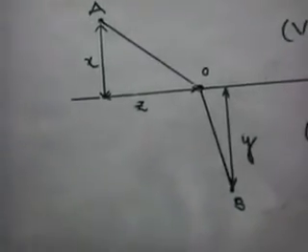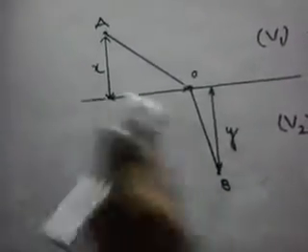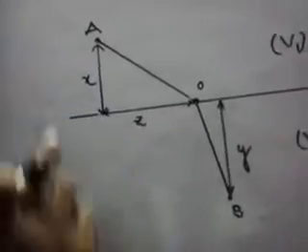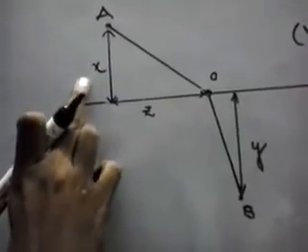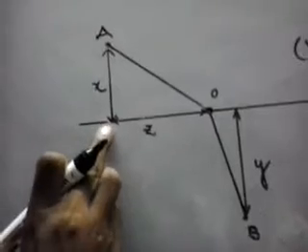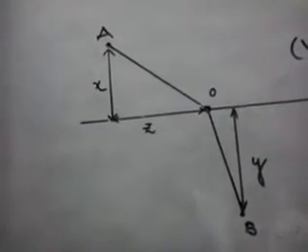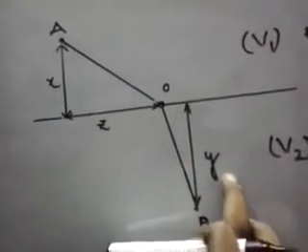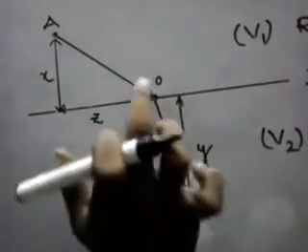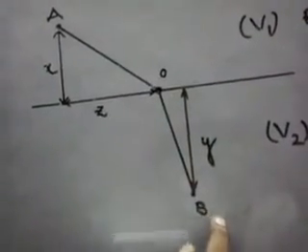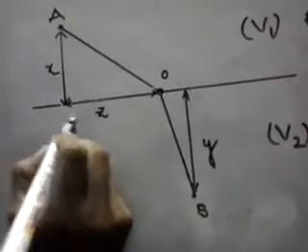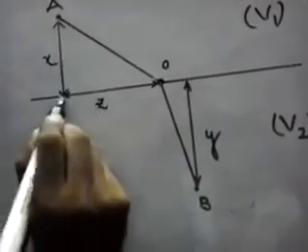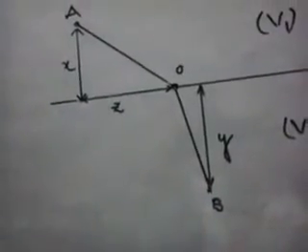Guys, now we are introducing three variables x, y and z. x is the vertical distance between A and the point of interface, this is O. y is the vertical distance between the point of interface and the point B, which is in the denser medium. And z is the horizontal distance between A and the point of interface.